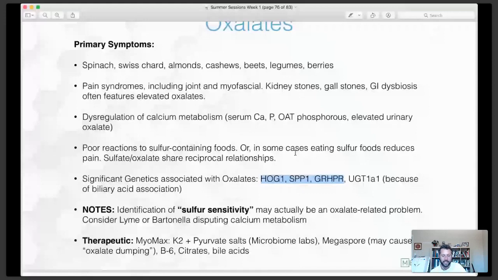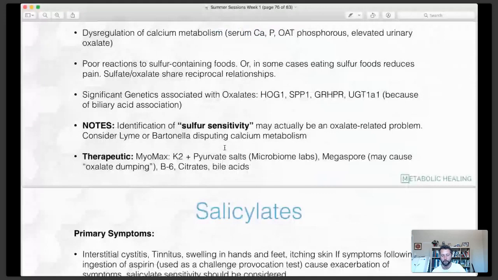But we can use things like the pyruvate salts. Microbiome Labs has a nice product out, vitamin K2 and pyruvate. There's evidence that it's working. Megaspore could be good, but it can cause die-off or oxalate dumping symptoms in some people, because it probably increases Oxalobacter formigenes, which degrades oxalates in the intestines. B6, citrates, and bile acids have all shown to be useful for controlling oxalates.